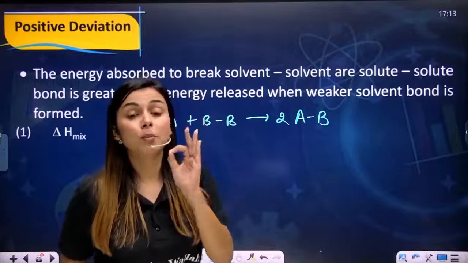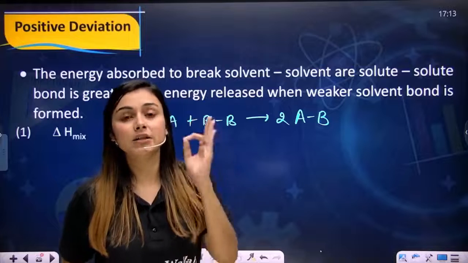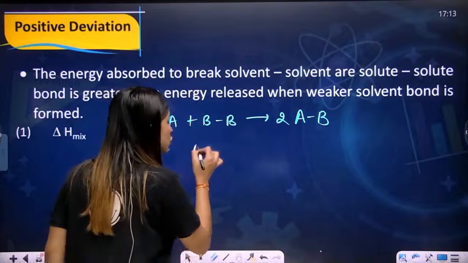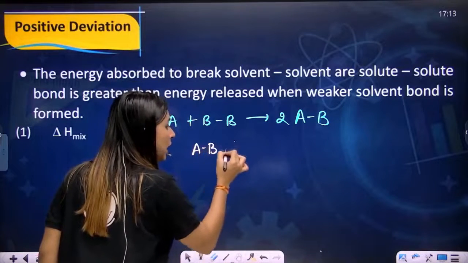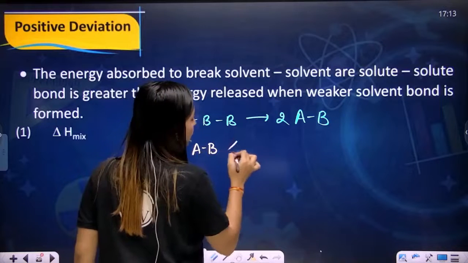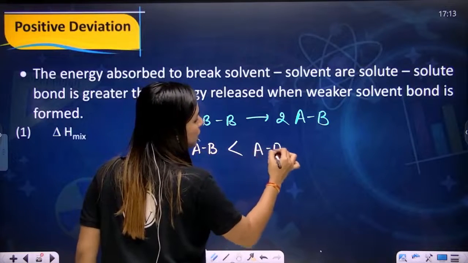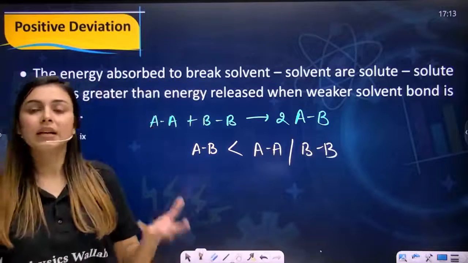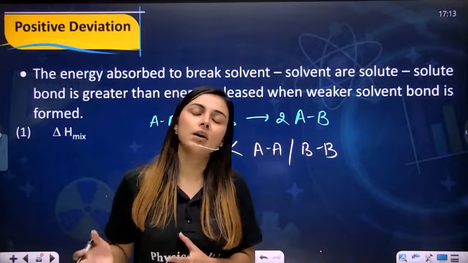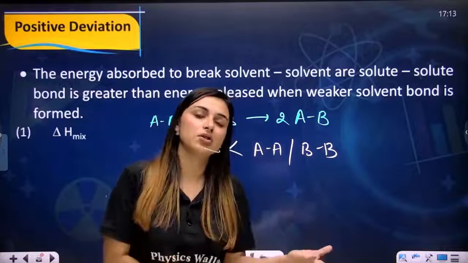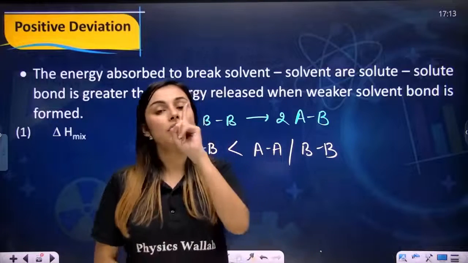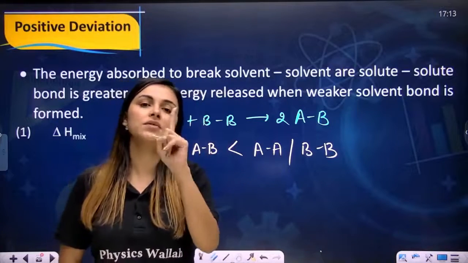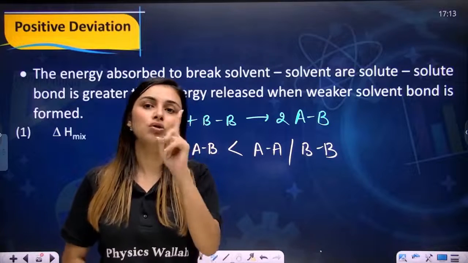So for a positively deviated solution, the interactions after mixing are weaker than the interactions before mixing. So if the interactions before mixing are more and after mixing the interactions come out to be weak, it will always show positive deviation from Raoult's law.